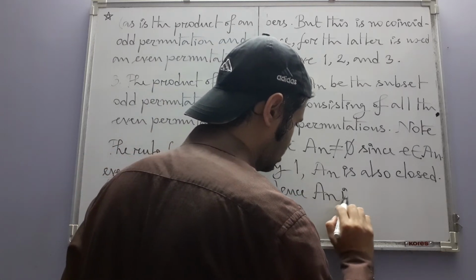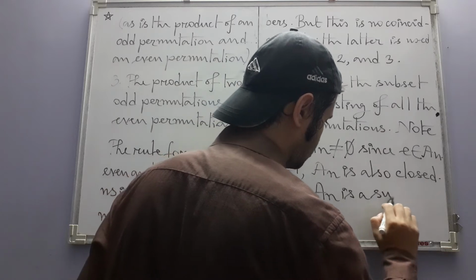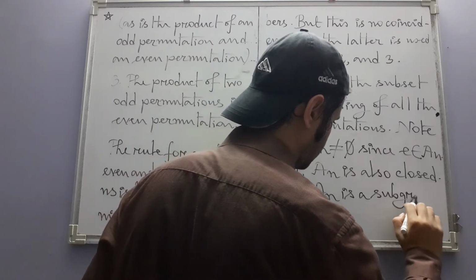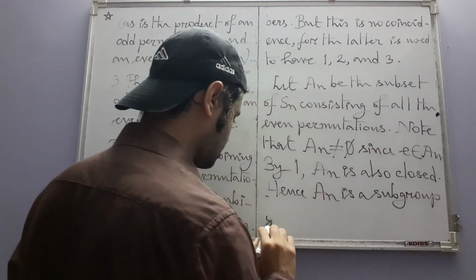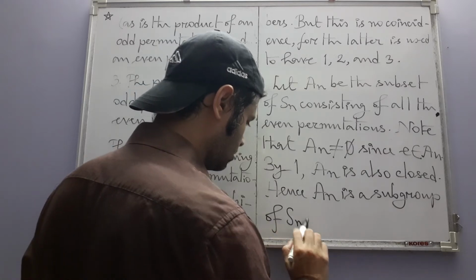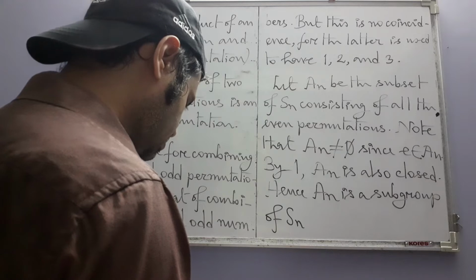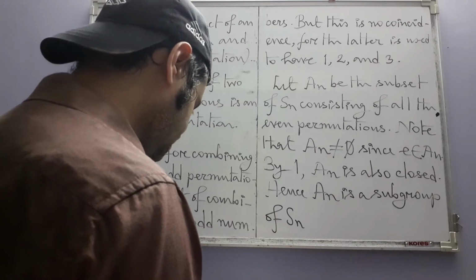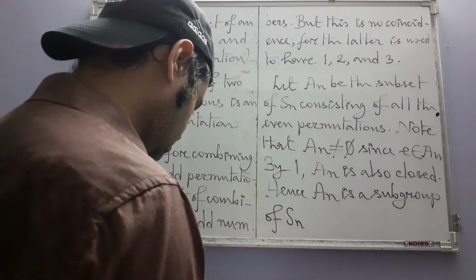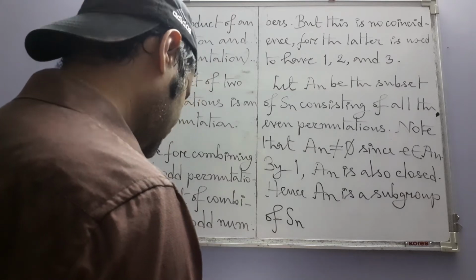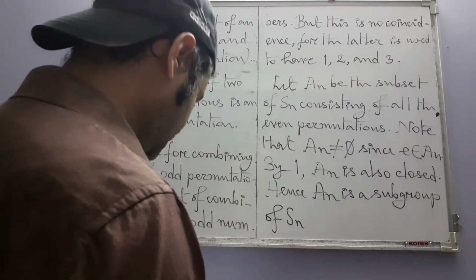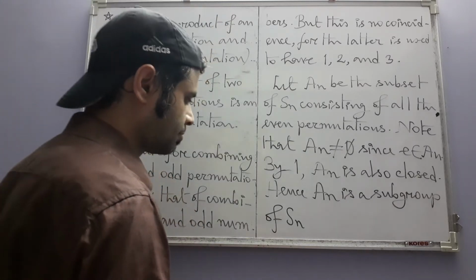An is a subgroup of Sn. And is this where An is going to be named? No, it will be given its name afterwards.